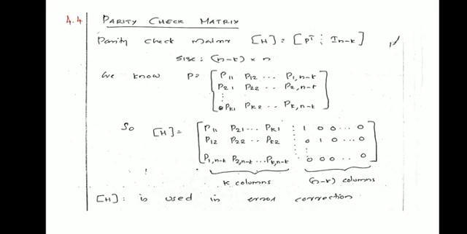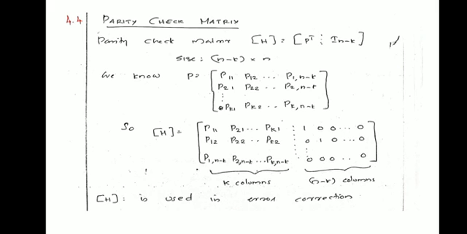So we can represent H based on the G representation. Here G is represented in such a way that I is followed by P. So we can represent H here as P transpose followed by I_(n-k), and the size of this H matrix, we said, is n minus k by n.